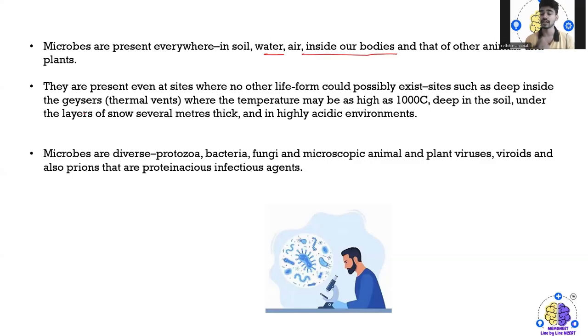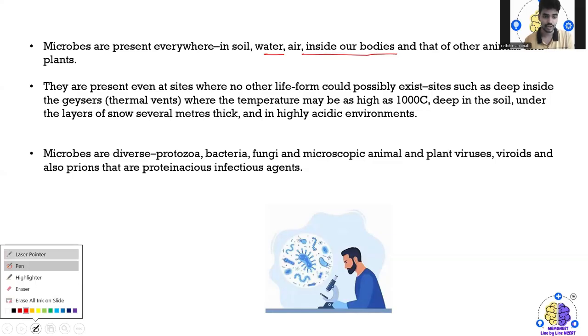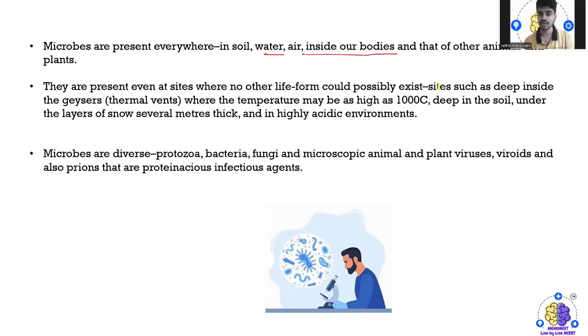Microorganisms are also present even in sites where no other life could ever be possible. They are present deep in the soil, and inside thermal vents, that is geysers, where the temperature may be 1,000 degrees Celsius near volcanoes.